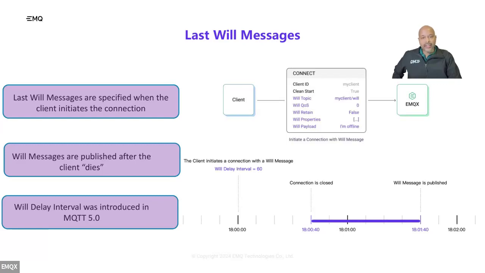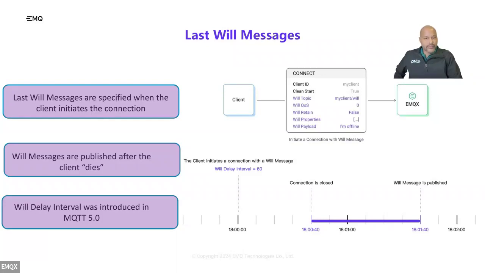When the client connects, it creates, in the same way a person would create a will while they're alive, what they want to happen in case of their death. It's the same thing for an MQTT connection. While that connection is alive, when it becomes alive, it specifies what it wants to happen if that connection drops.